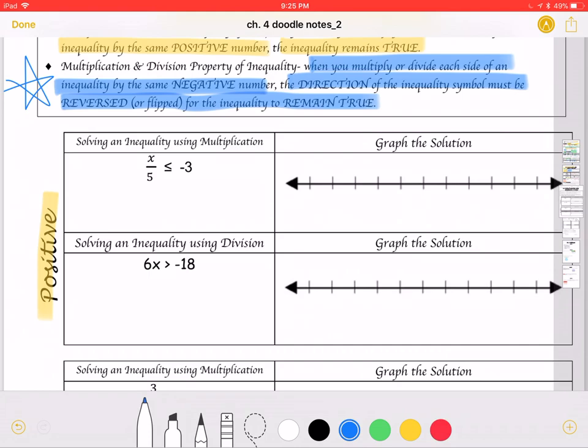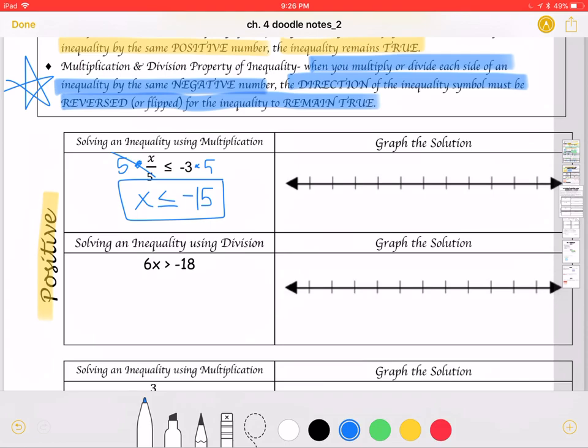To get rid of dividing by 5, I'm going to multiply by 5 on each side. Notice we're multiplying by a positive. I'm just left with x. We're going to bring down our same inequality sign because we multiplied by a positive. Now let's evaluate that. Negative 3 times a positive 5 gives us negative 15. That's our solution.